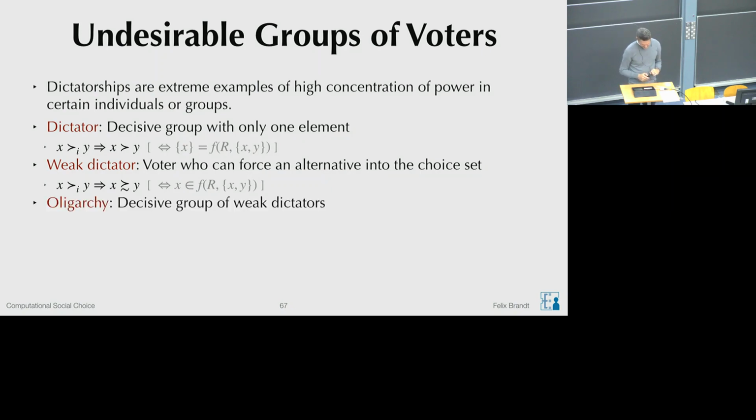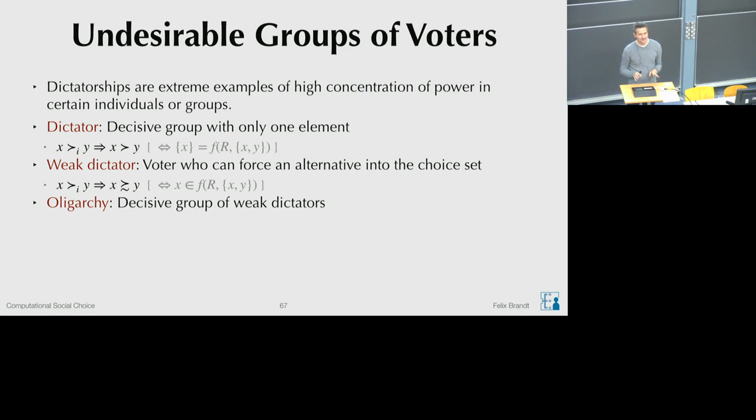There are 2 other variants of this that I'm going to introduce. They have nice fancy names that have been proposed in the early social choice literature. There's the notion of an oligarchy, which is defined as follows: a decisive group of weak dictators.